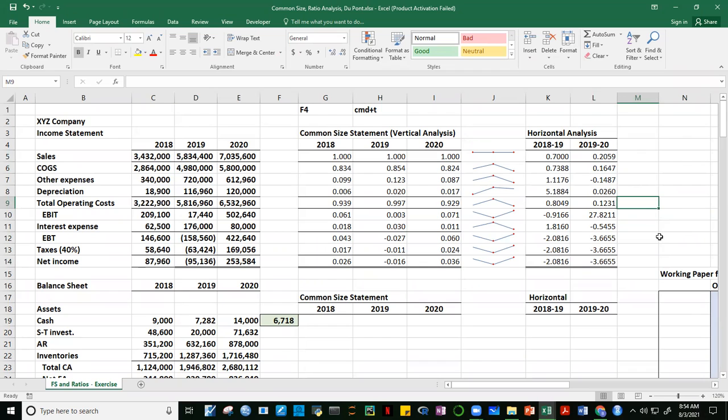Okay. Ano ibig sabihin, guys, ng negative? Ito, for example, other expenses. What's the meaning of negative 14.87%? Anyone, guys?